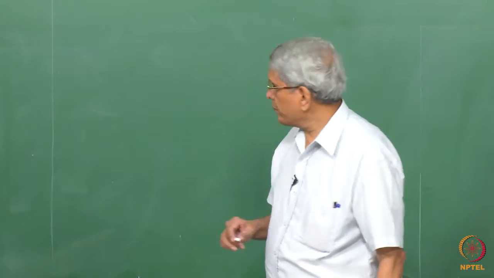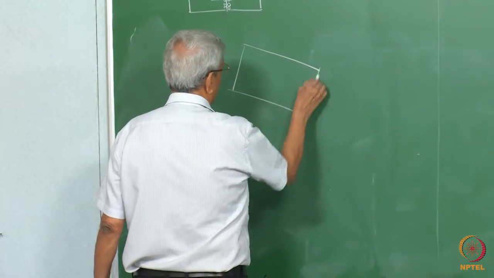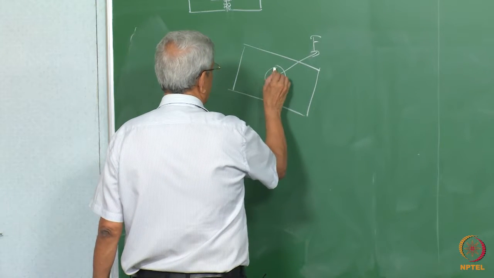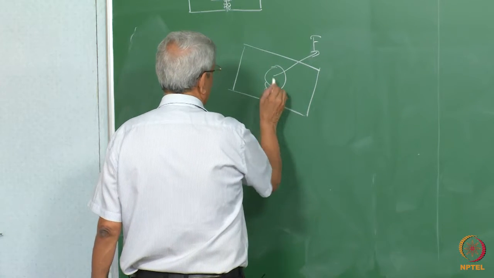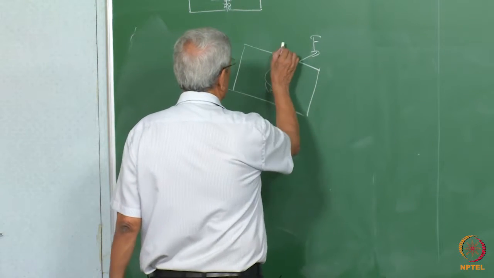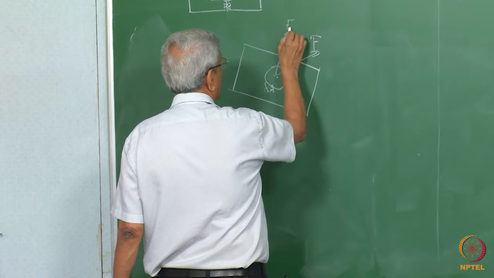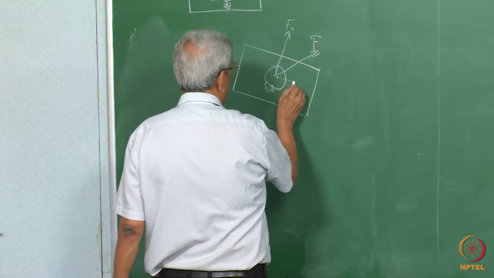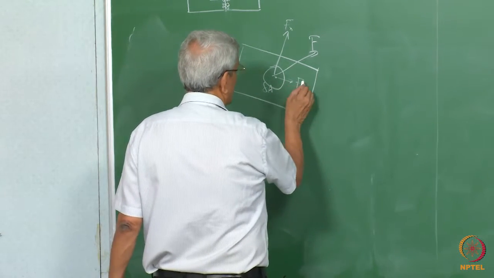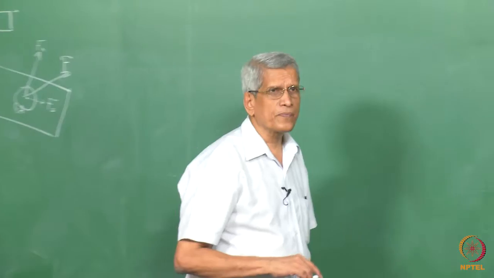Now, if you apply a force on any surface of the sample, a small area delta A, in some direction, this force can be divided into two components: one normal to the plane, which we call Fn, and one in the plane, which we call Fs.